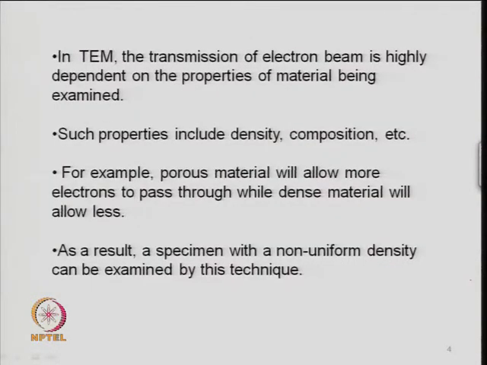Generally, as we talked about, a high energy electron beam examines the material depending on its properties. The properties include density and composition, that is, the structural composition. A metal part is there, a support is there, and different metals may be there, so the electronic configuration is different.